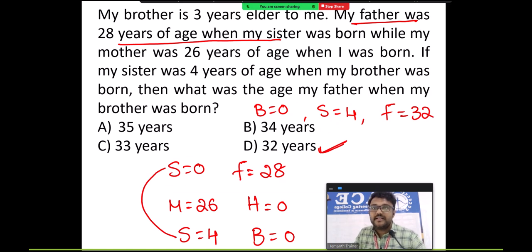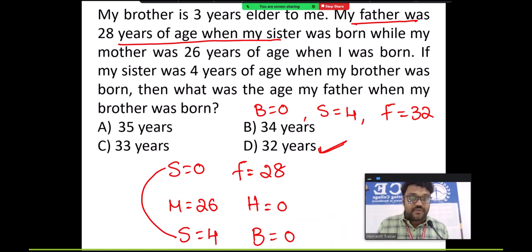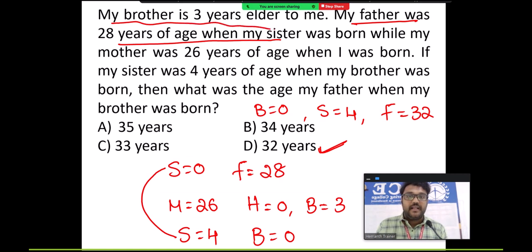This is not equations and all, just basic sense. They are giving links. Maybe they'll ask what the mother's age is also. Then I have to link with this one, with myself. When my age is 0, my brother I can link that also. My brother's age must be 3 at the time of my birth, because my brother is 3 years elder to me.